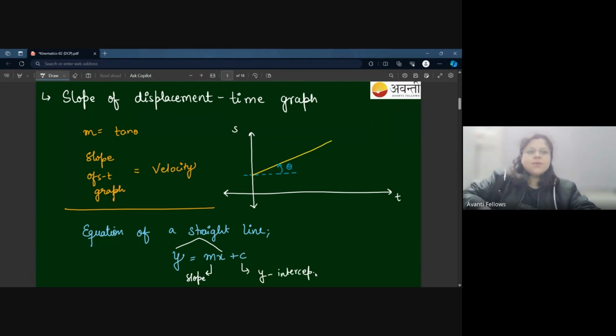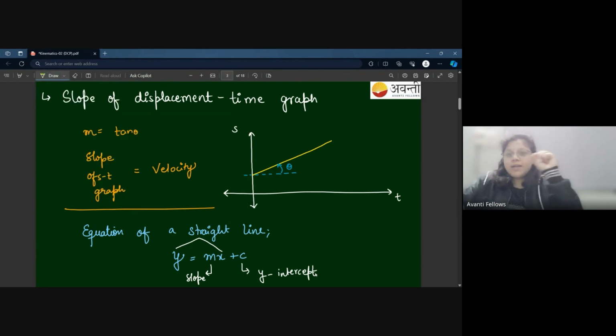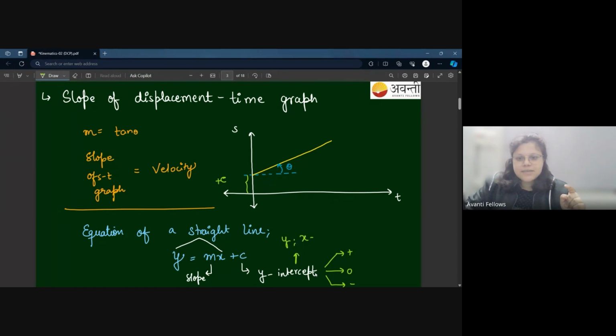I explained to you in the last class that the y-intercept can be of three types, right? It could be positive, it could be 0, and it could be negative. For example, in this question, you have a positive y-intercept. The y-intercept is basically that value of y for which x is 0.